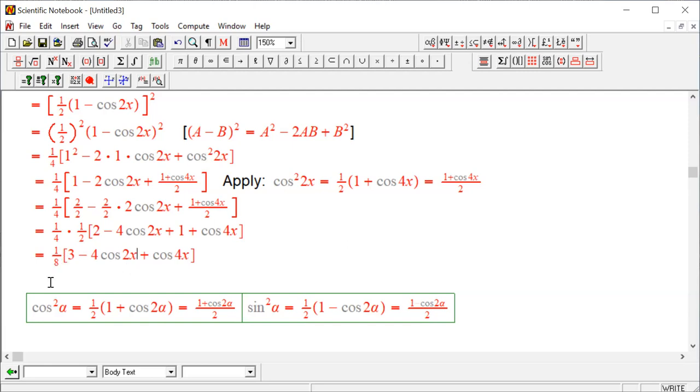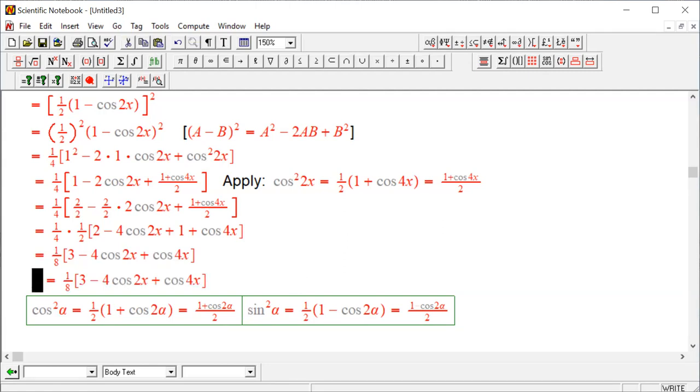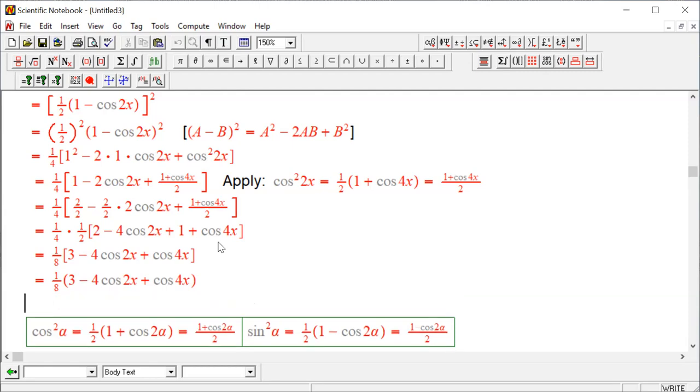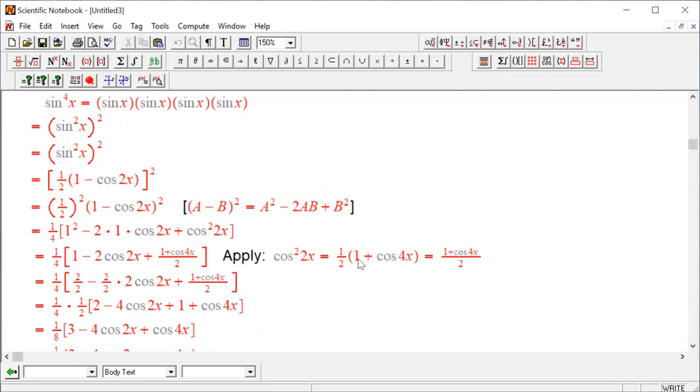If you want to change this to parentheses, which makes no difference, you could. I put the brackets here just in case I needed to insert parentheses, but in the end it's the same thing. So this is the whole process of reducing power.